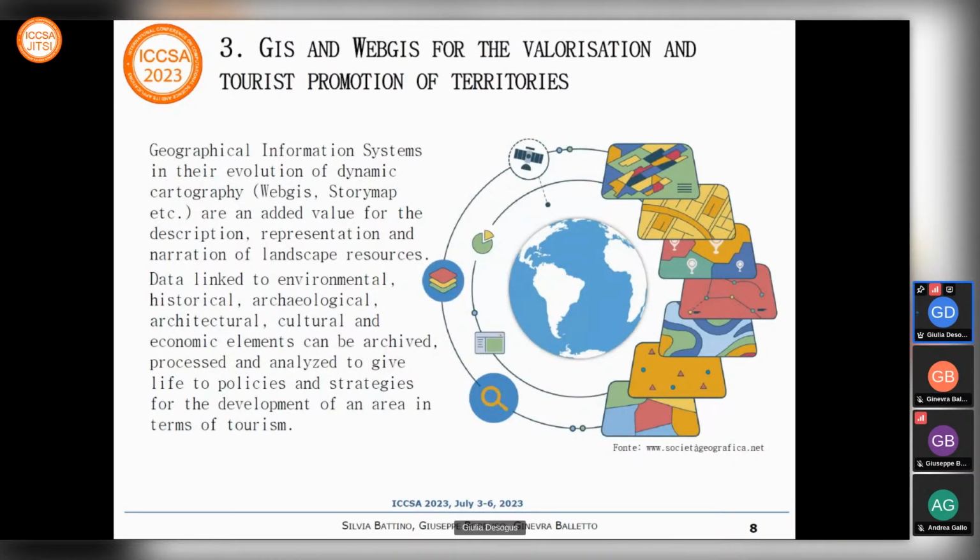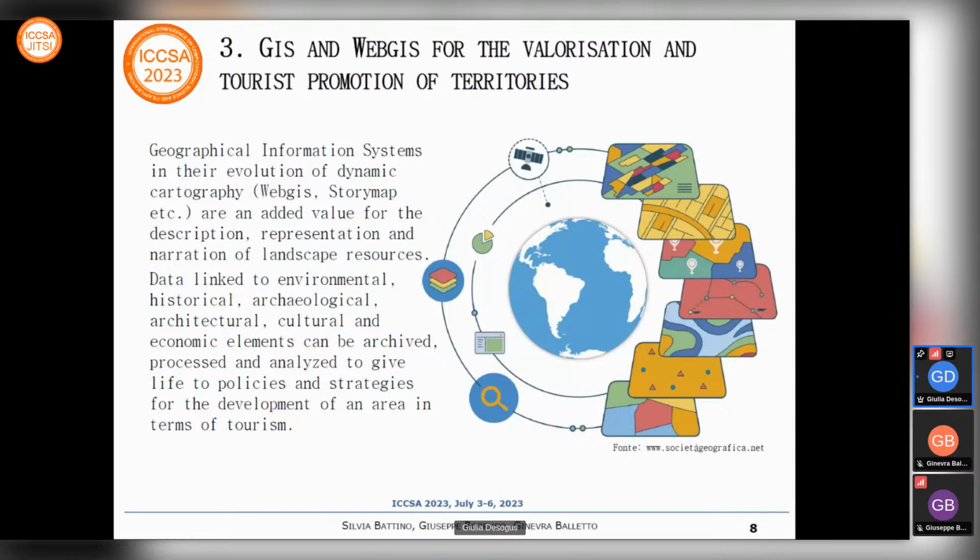Today, we are helped by also geographical information system that represent an added value for the description, representation, and narration of resources. And in relation to this, we can save, process, and analyze a lot of landscape data in order to create tourism development policies and also strategies for an area.